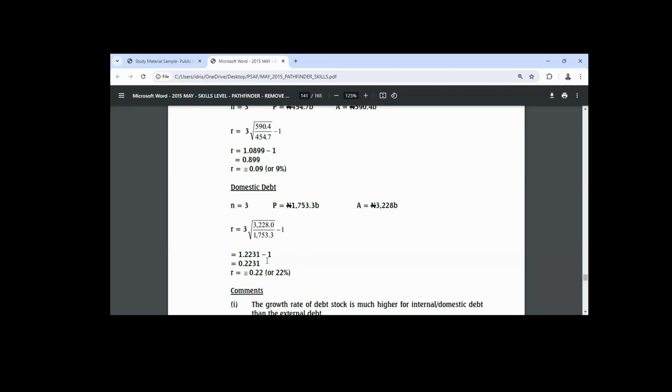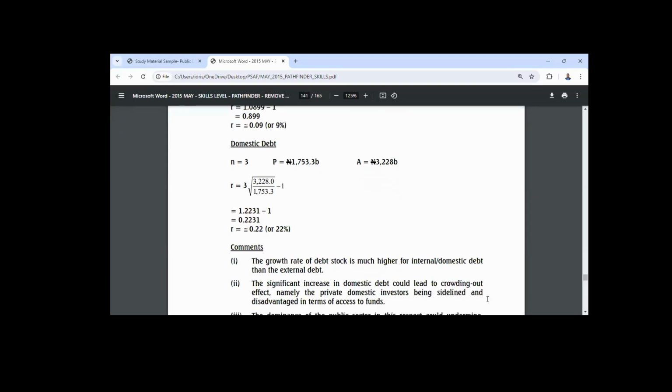So you can see that domestic debt growth rate is 22%, while external debt growth rate is 9%. One of your comments is to tell them that the growth rate of domestic debt stock is higher than external debt stock. What is the cause of the higher growth?